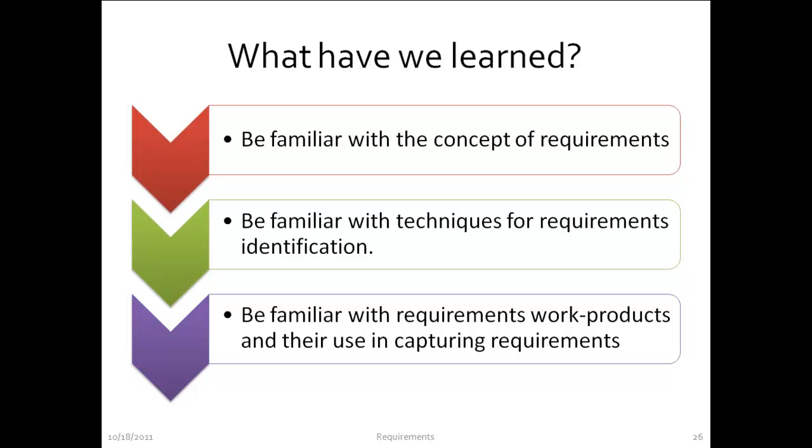For this learning outcome, we briefly described several requirements identification techniques. The third learning outcome was be familiar with requirements work products. For this, we described and gave examples of work products in which to capture requirements. Here we noted that in agile processes, certain concerns or requirements may be tacitly captured or captured using informal work products such as sketches.